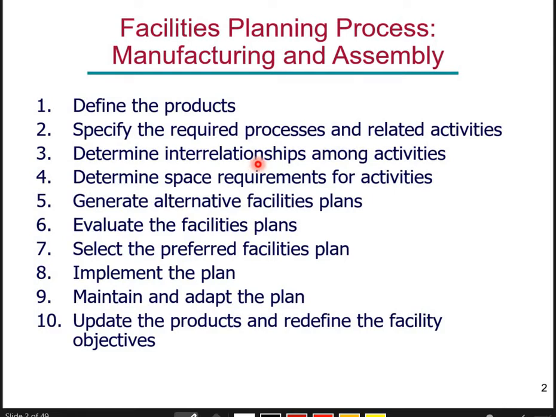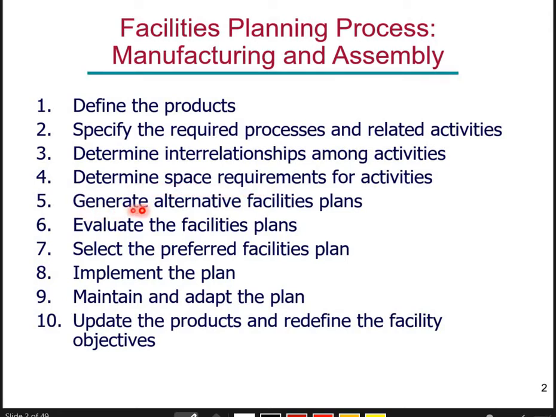How many persons, what kind of information, what kind of material is flowing. Then we need to determine the space requirements for the activities. Okay, so there is a machine, and for this machine I need this much space. There is a department that is responsible for doing this and that, and we need this much space, 100 square meters, etc.